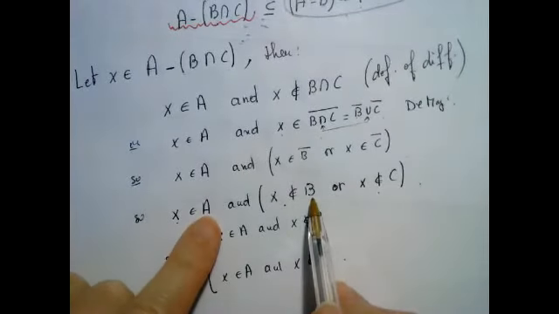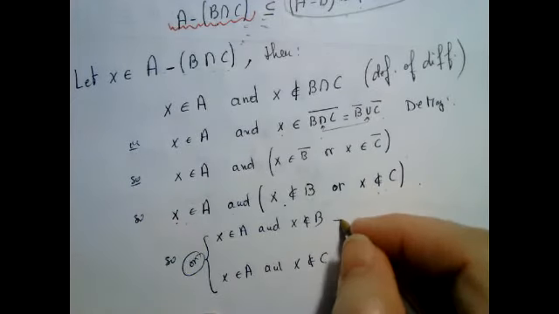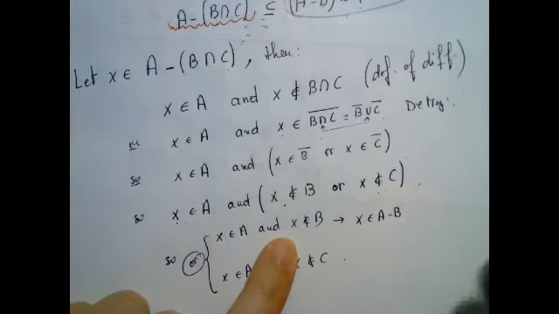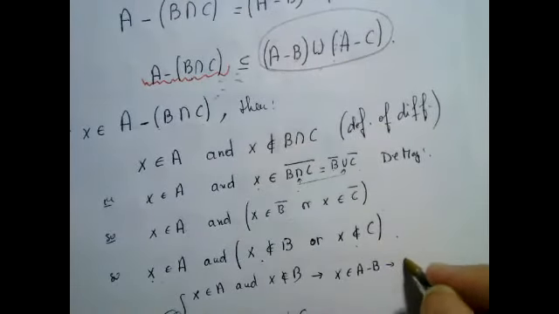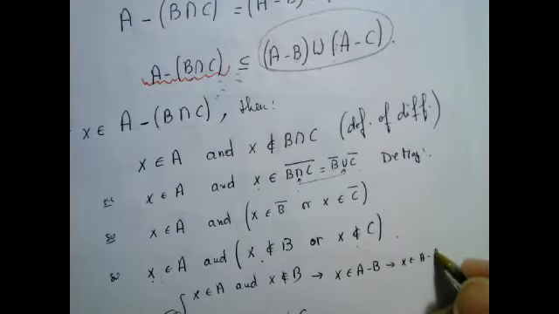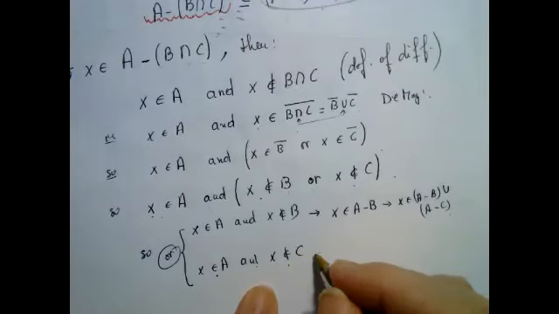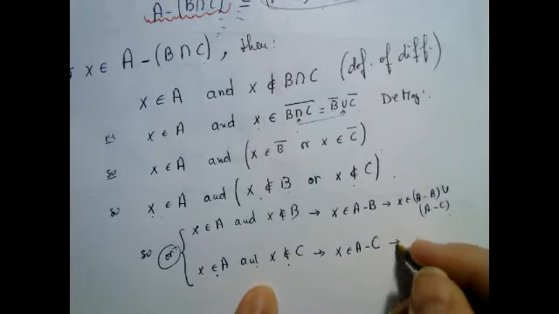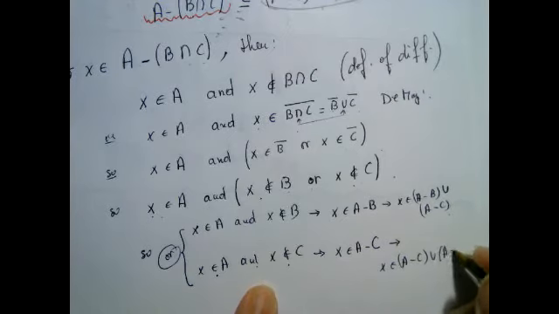It's either in A and not in B, or it is in A, I know that, but it's not in C. In the first case, in A, not in B, it's in A minus B. So it's in A minus B union A minus C. Now, if it's in A and not in C, it means it's in A minus C, so it's in A minus C union A minus B.